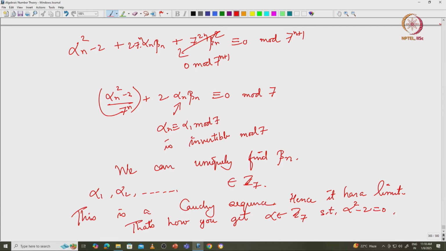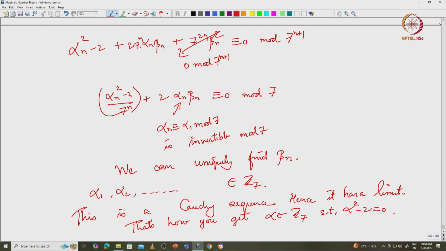So, this means that square root of 2 is contained in Z7. That is an amazing thing because we have done it using limits. We can't do this in Z, that is why we do not get square root of 2 in Z, because it is all discrete.